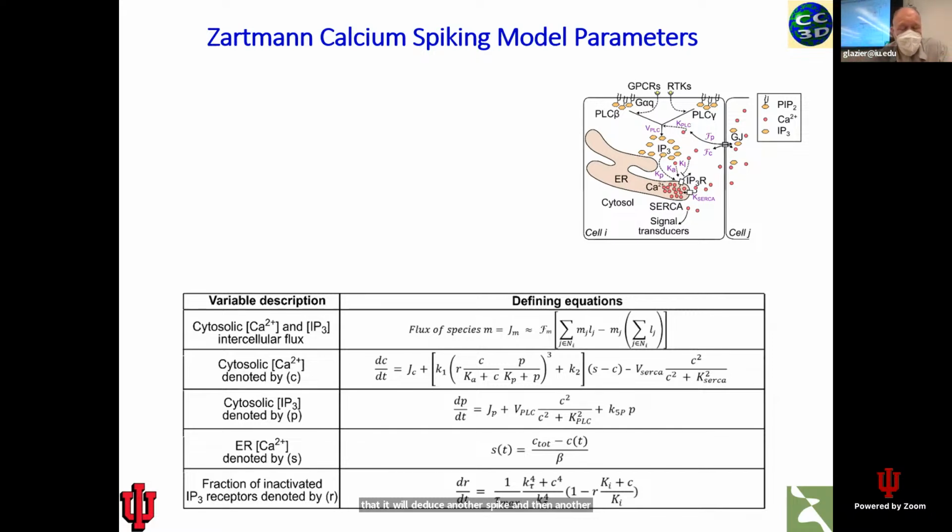And there'll be other cells that are just below the threshold for oscillation. But if they get triggered by calcium from somewhere else, they'll spike. And again, if you're used to neurons, you'll have spontaneously active neurons or spontaneously bursting neurons. And those can then induce other neurons that are just below threshold to spike.